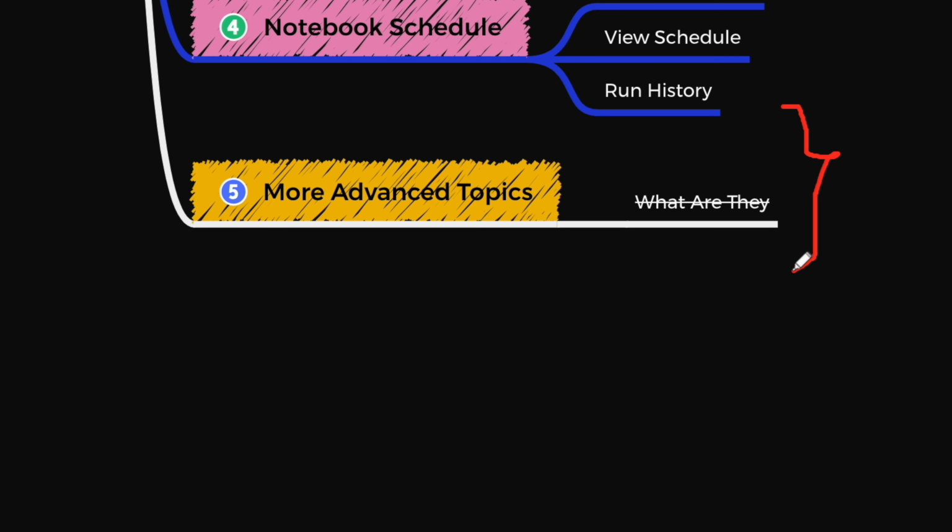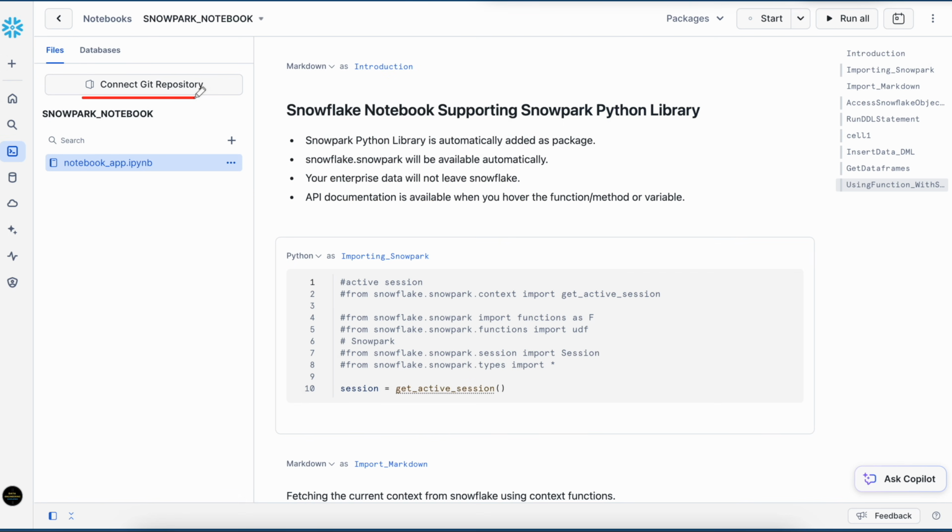Now let's quickly touch upon those topics that we have not covered in this video and will cover in a future video. So continue to follow this channel and you will get a notification when these new advanced topics about Snowflake notebooks are covered. We have not covered how to connect with your repository and make live changes to your Git repository, or a Bitbucket repository or Azure DevOps repository.